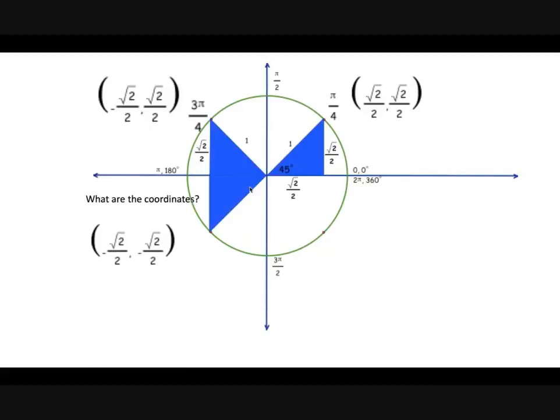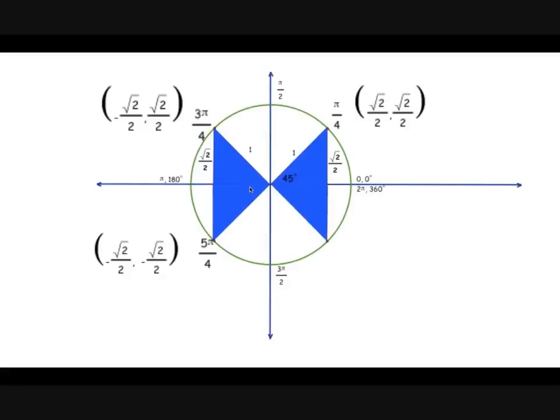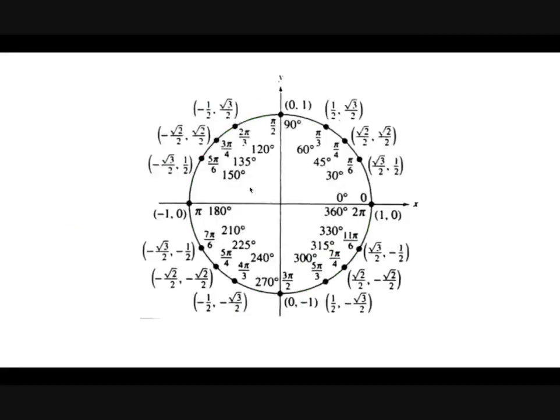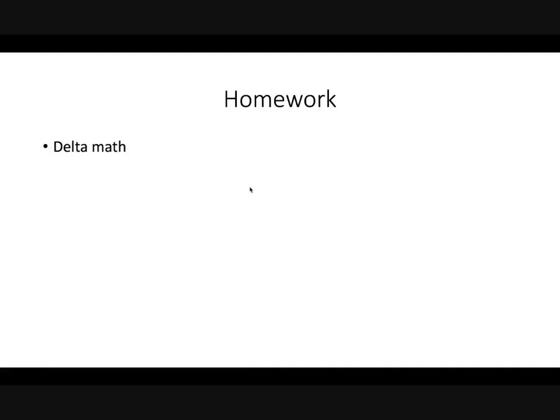And now both x's and y's are negative in the third quadrant. And in the fourth quadrant, only the x is positive. And so here, we'll notice that we have a lovely bow tie or a butterfly that has been formed. And here is a complete shot of what your unit circle would look like. And your homework is done.